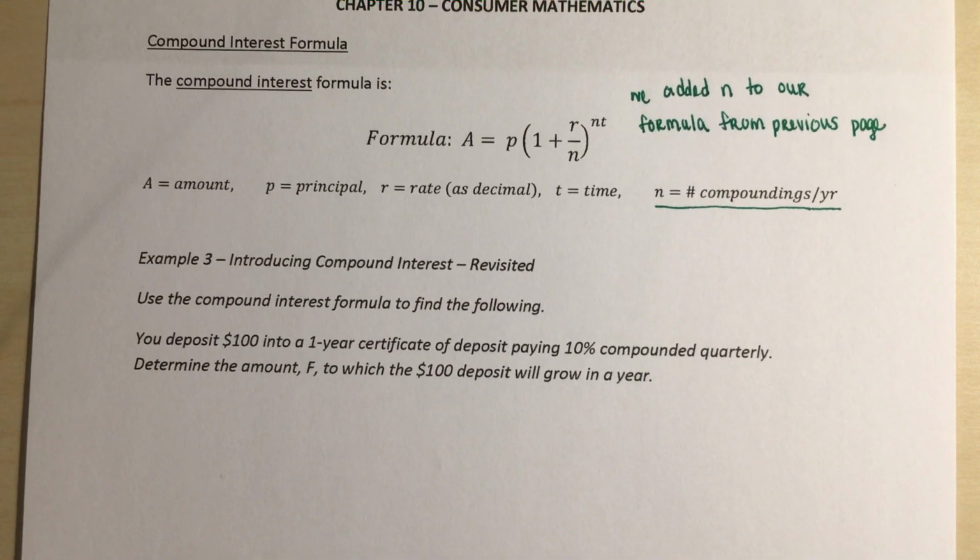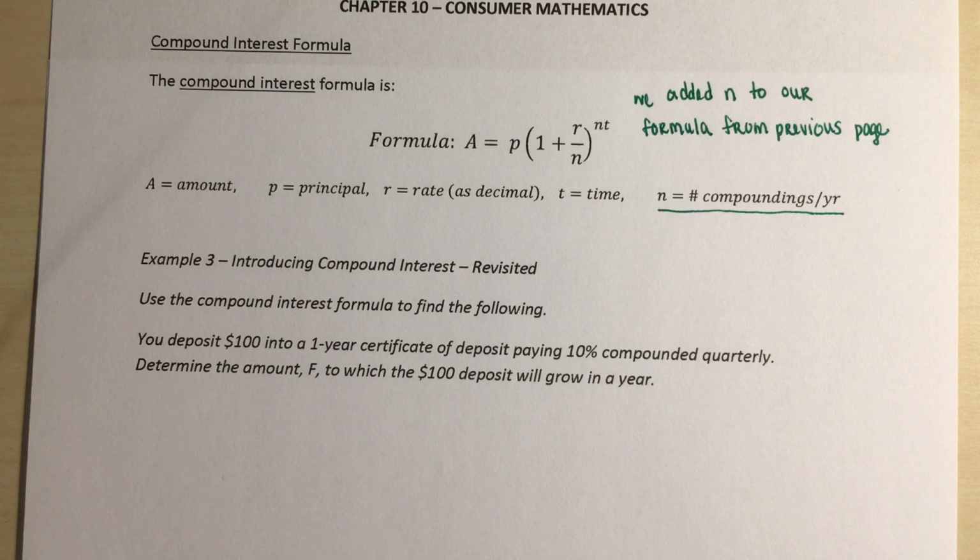So example 3, we are going to go back through what we did in our first example. In our first example, we deposited $100 into a 1-year certificate of deposit paying 10% that was compounded quarterly. We went through and figured out 4 different values to find our end amount.